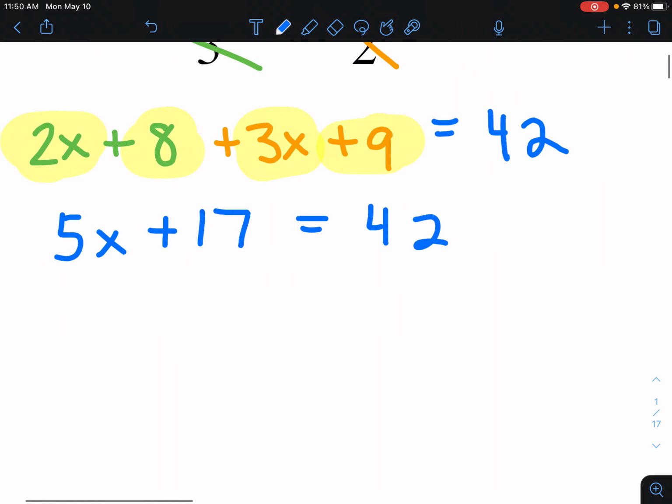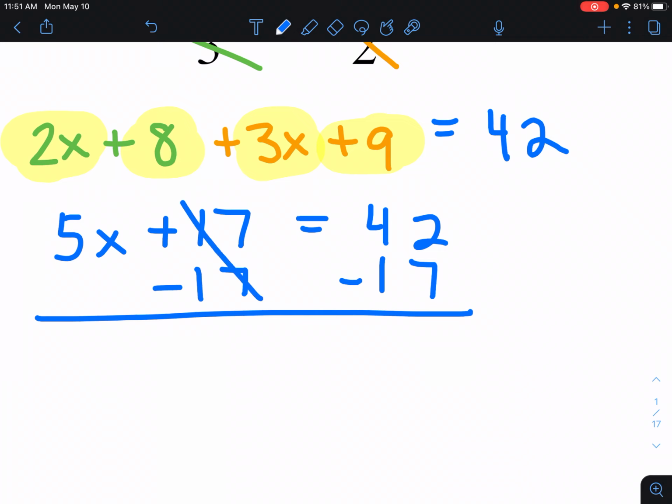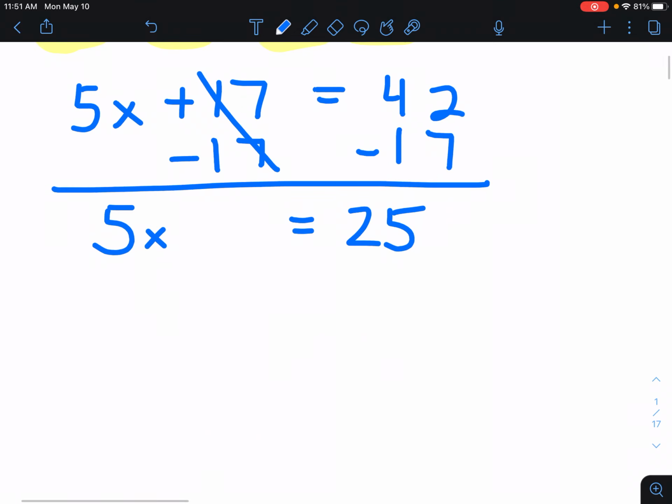And then now we're going to work on getting x by itself. So we're going to subtract 17 from both sides. And then divide by 5, and you'll have x is 5.